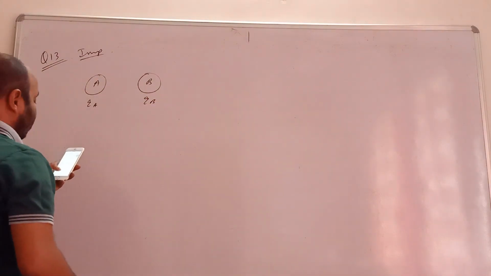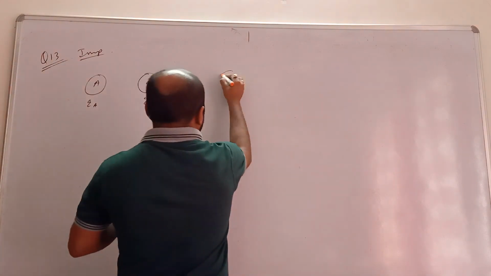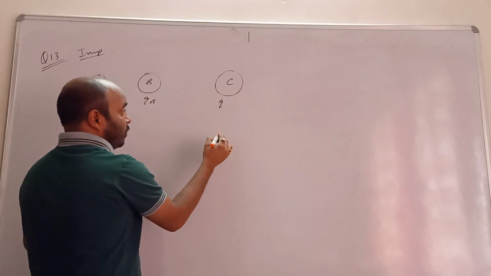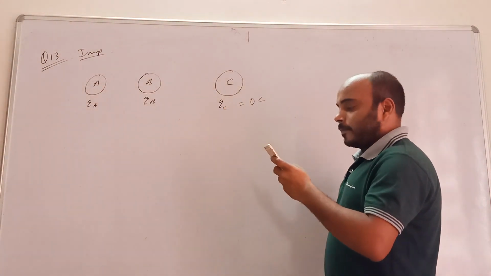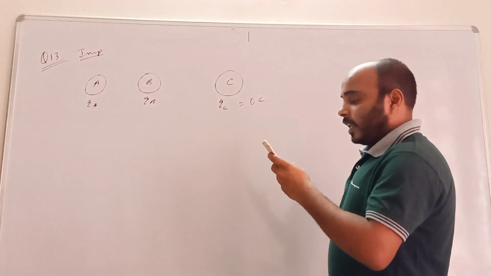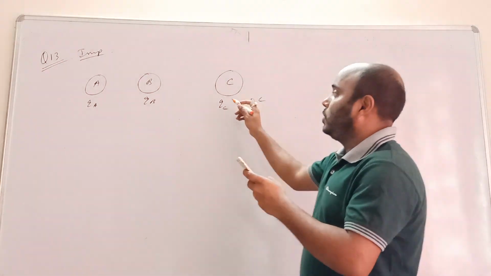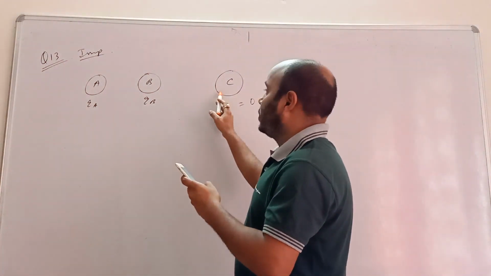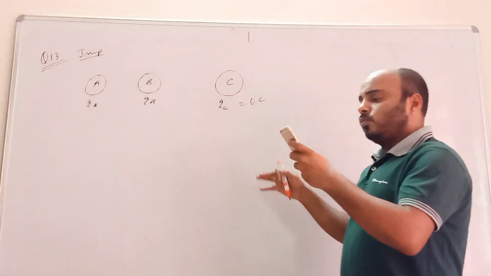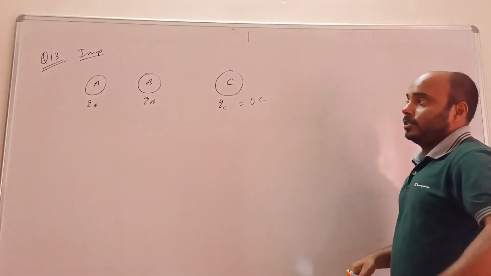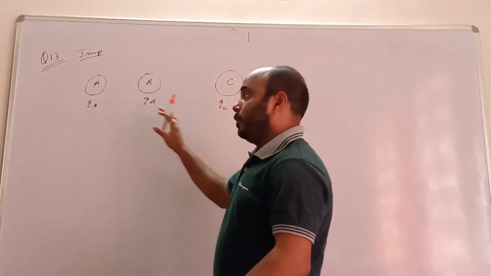And they say a third uncharged sphere, this C, uncharged, that is QC equals 0 coulomb, is brought in contact with the first, then brought in contact with the second, and afterward removed. That means C first contacts A, then C contacts B, and then it is removed. What is the new electrical force between the first two charges?